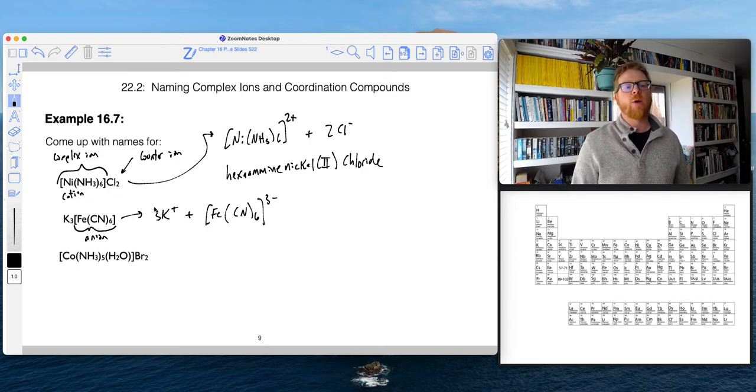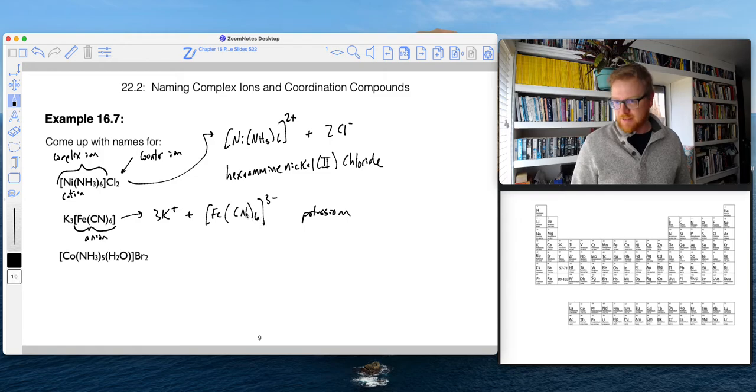Okay, so now when I name this, I list the cation first. So that's just going to be potassium. So potassium, and then now the name of the complex ion, which we did already, but let's just make sure that we know this one.